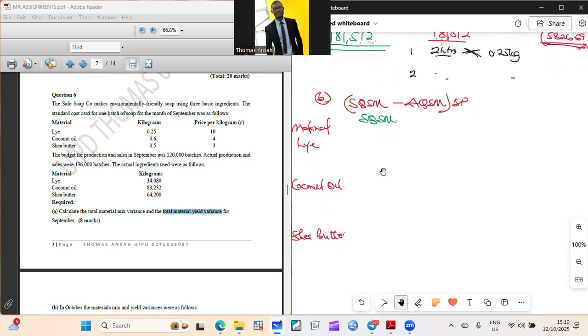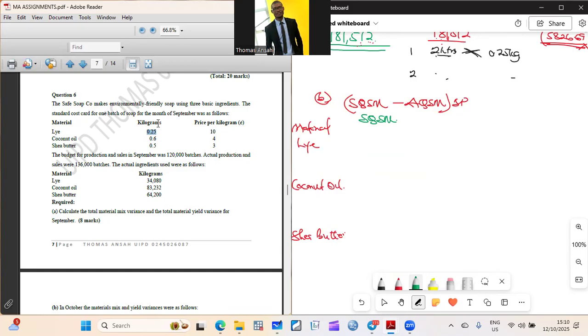So what would our standard quantity be? Because we know that this one is the standard quantity to flex with actual production. How much is that? This figure that you see is for how many products? One.